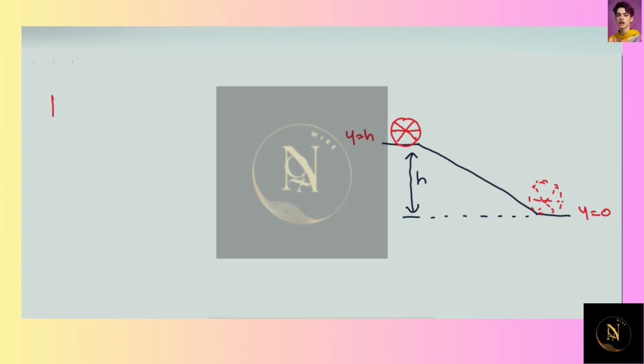So the total kinetic energy K should be equal to half of mv squared, where v is the translational velocity, plus the rotational part, half of the moment of inertia times omega squared, where omega is the angular velocity. And since it's rolling without slipping, we can set omega as v over r.